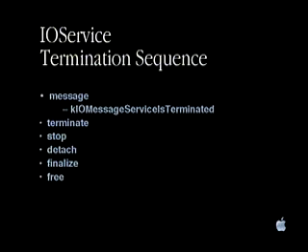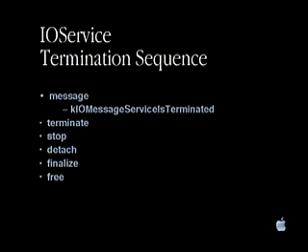Then you'll get a terminate method call, followed by all the other ones that I list here in the slide. The key is that the first notice you get that your device has been unplugged is this service terminated message. If you had your provider open, your device or your interface, you need to close it at that time.